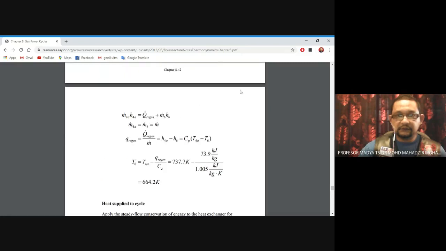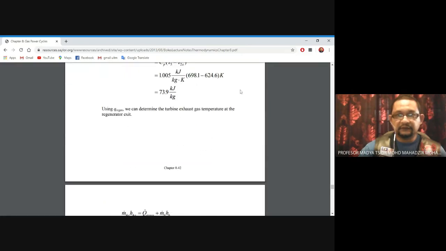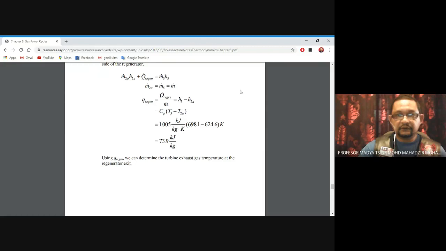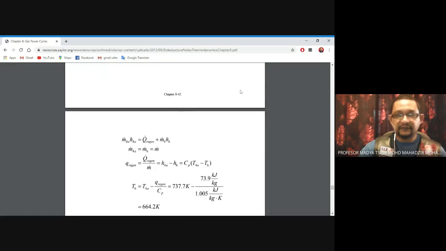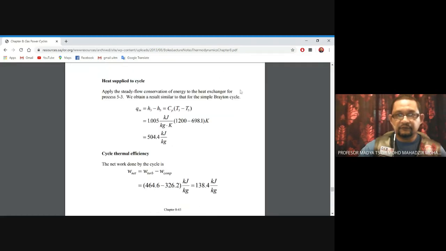Okay, and then from there, T5, T3. I think we have found T3 from here. T3 has been given. So from there, we want to find the heat input to the system. So Cp delta T, T3 minus T5 here.